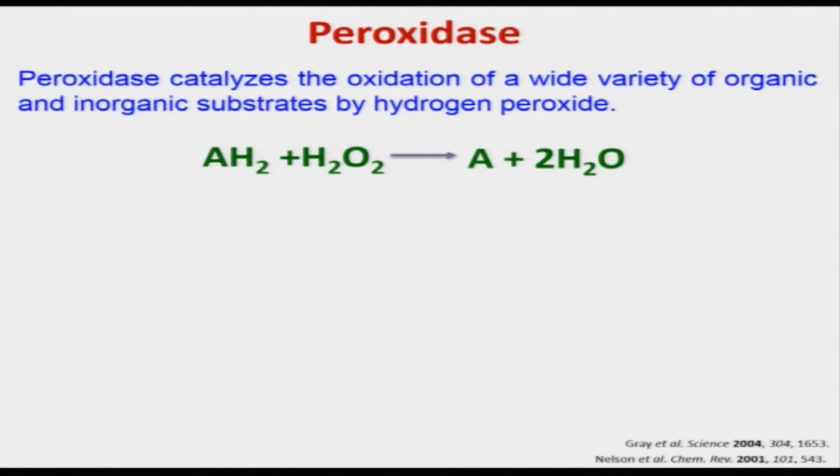Peroxidase catalyzes the oxidation of a wide variety of organic and inorganic substrates by hydrogen peroxide. In the overall reaction, the substrate AH2, in the presence of hydrogen peroxide and peroxidase enzyme, is oxidized to A, while hydrogen peroxide, which is extremely poisonous, converts to water.